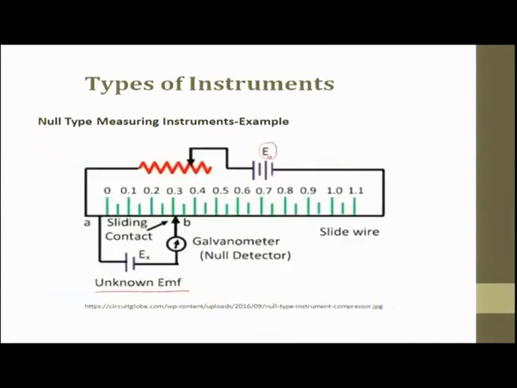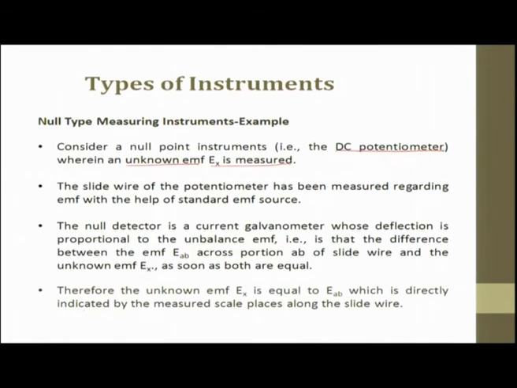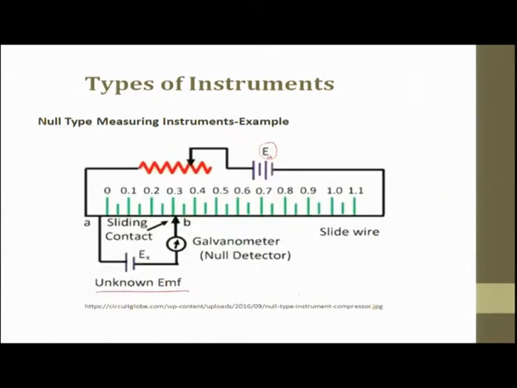Here, if you see, the sliding contact moves on the sliding wire, and with that we try to see the displacement, and then we try to balance it between Ex and AB. What are we to adjust? We adjust the resistance given there, and then we try to find out.